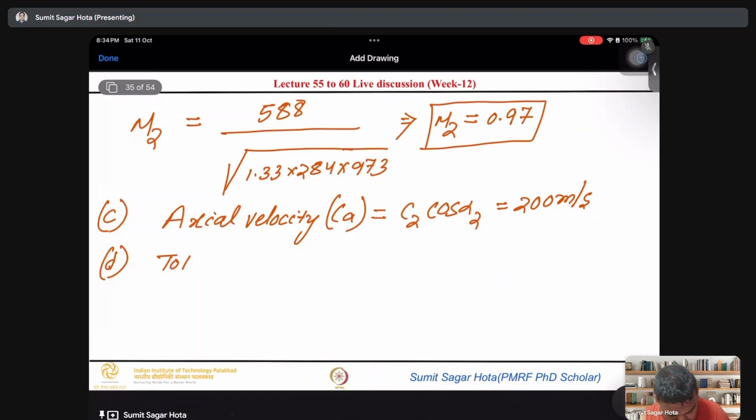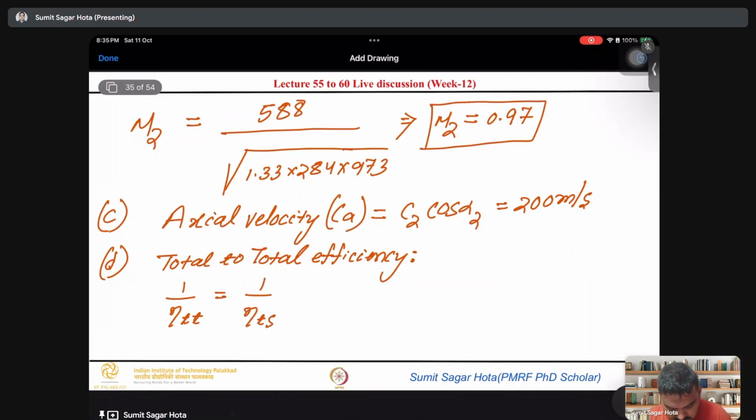So the total to total efficiency: 1 by total to total efficiency is equal to 1 by total to static efficiency minus C3 square by twice of the work done.